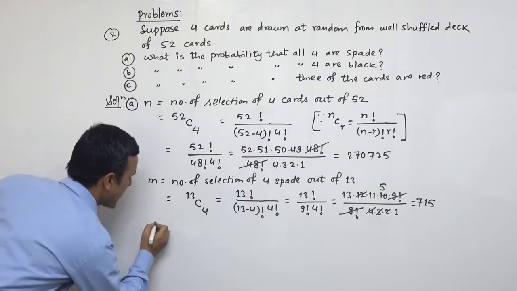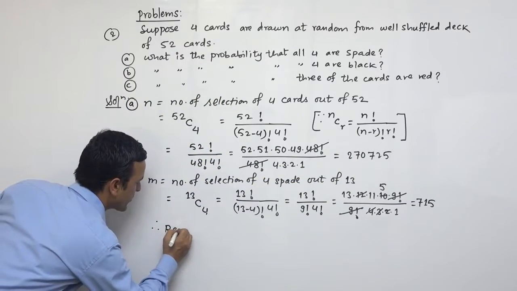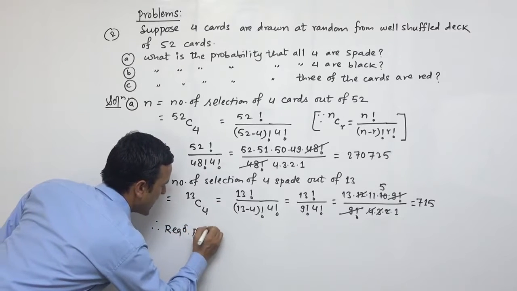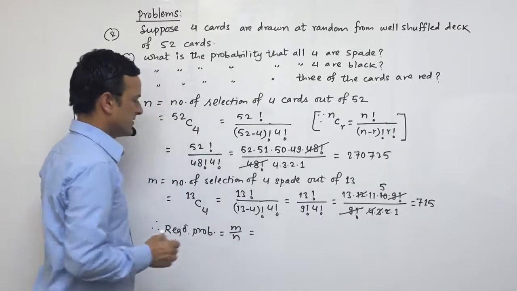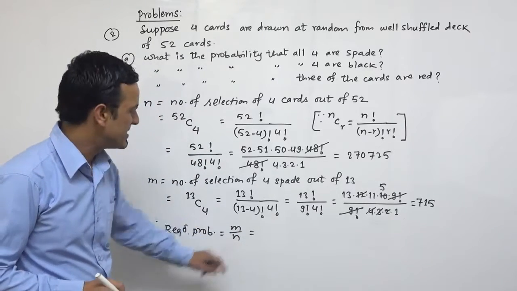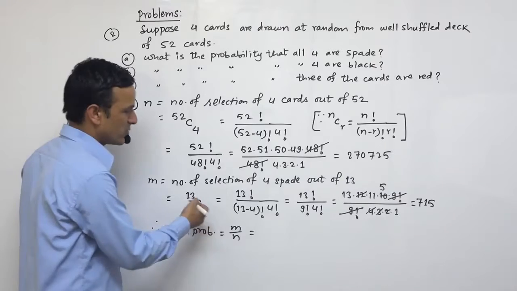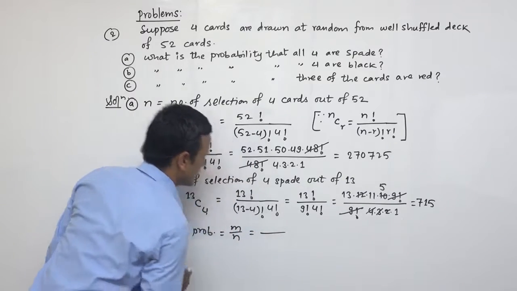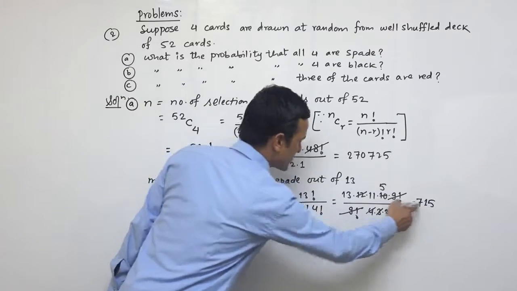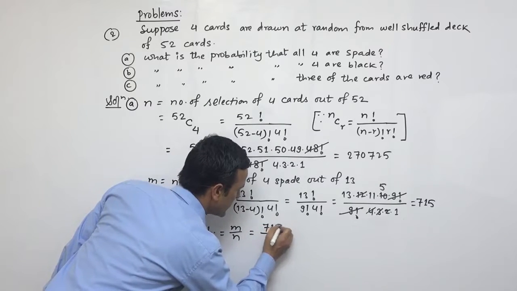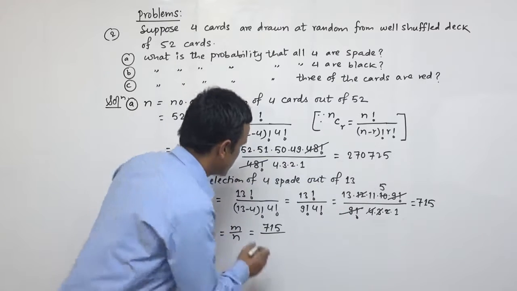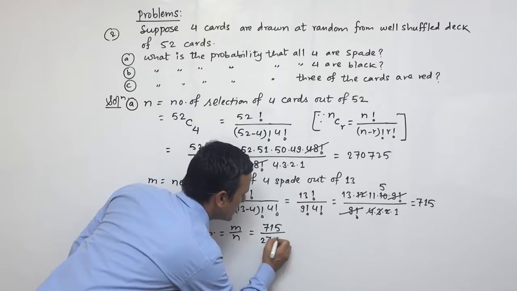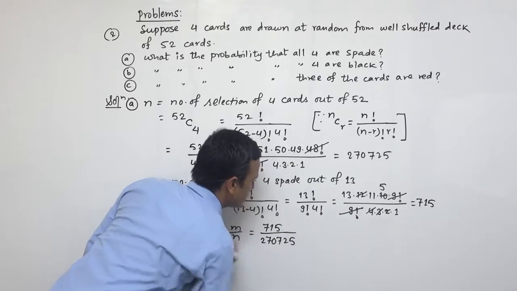So now we can find out the probability. Required probability is equal to m upon n. This is the formula to find the probability. Now we can put the value of m and n. So we have the value of m is this one, 715, and value of n is this one, 270725.